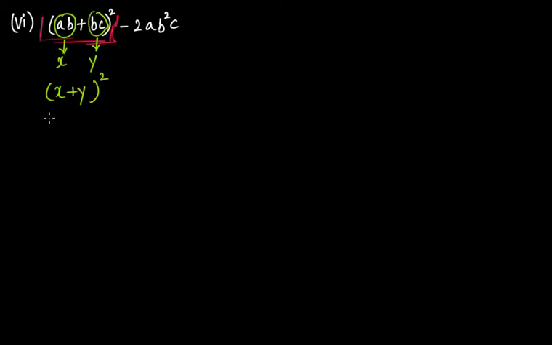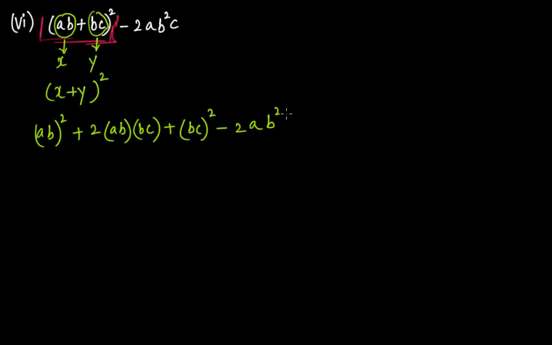So (x plus y) whole squared is what actually? x squared means (ab) whole squared, plus 2xy means 2ab multiplied by bc, then plus y squared means (bc) whole squared, and this minus 2ab squared c.